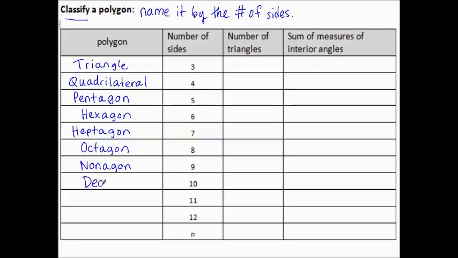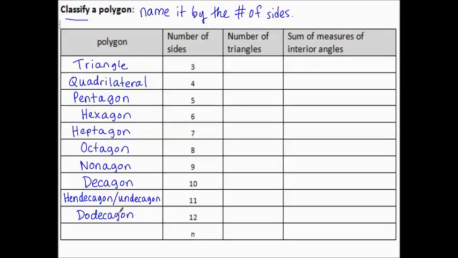10 sides is a decagon. Think of a decade as 10 years. Decagon is a 10-sided polygon. 11 sides can either be a hendecagon or undecagon. 12 sides is a dodecagon.